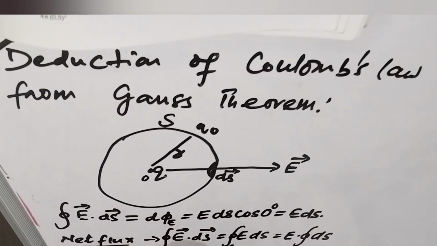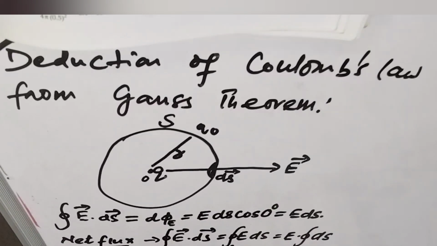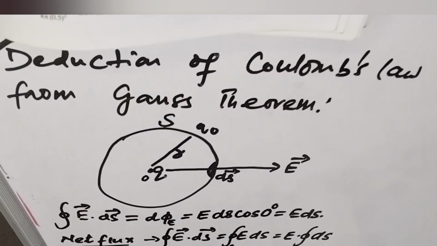So net flux will be the integration of this, and you will be getting E into total surface area, so E into 4 pi r square. So using Gauss theorem, phi E, the electric flux, is q upon epsilon naught. So using it, you can easily derive the Coulomb's law from the Gauss theorem, right?